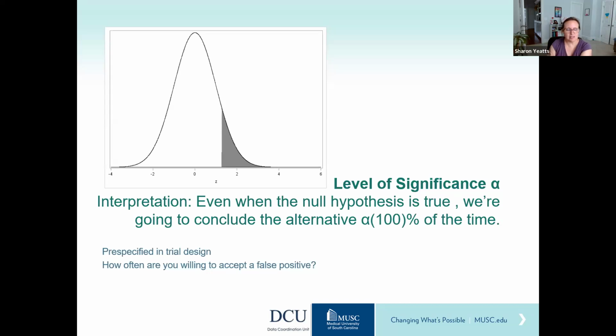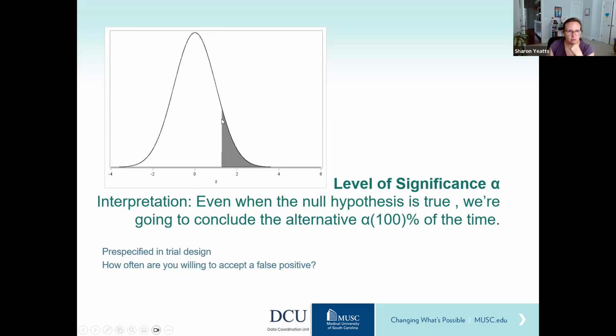But the reason it plays into our consideration is because, again, we can think about what we expect to happen under the null hypothesis. So what I'm showing you here is a standard normal curve that shows what the result of any standard normal test statistic would look like under the null hypothesis, right?